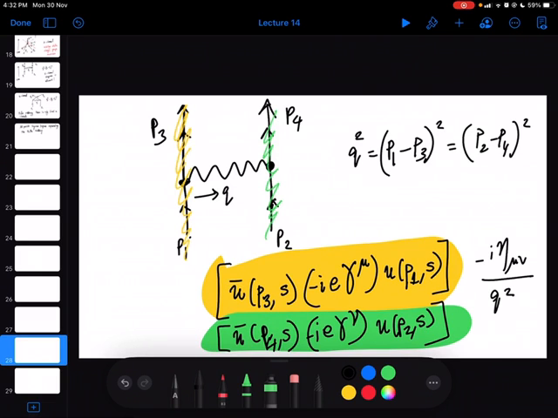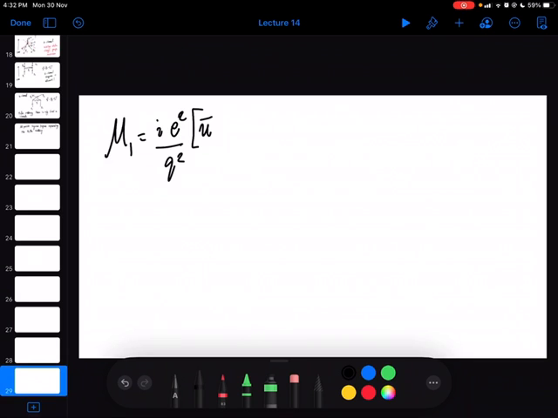Eta mu nu I can absorb into the other one, so eta mu nu times gamma mu is equal to gamma nu.